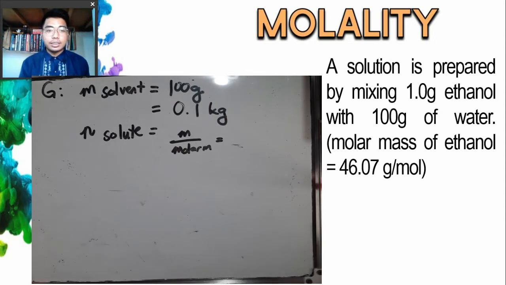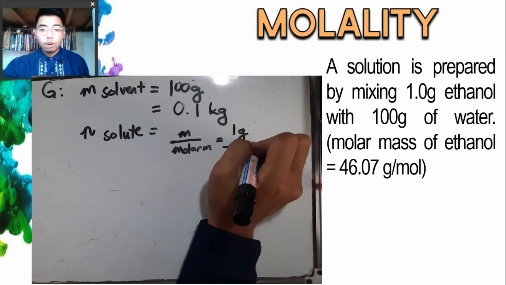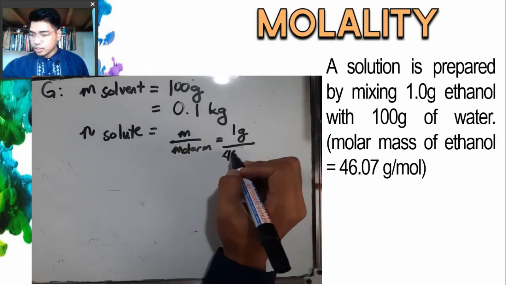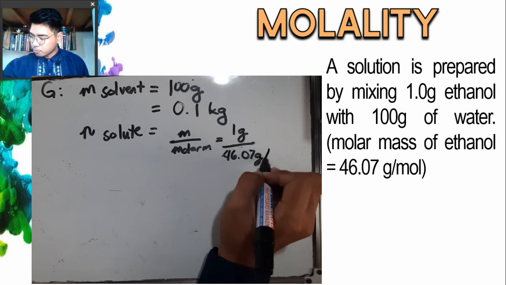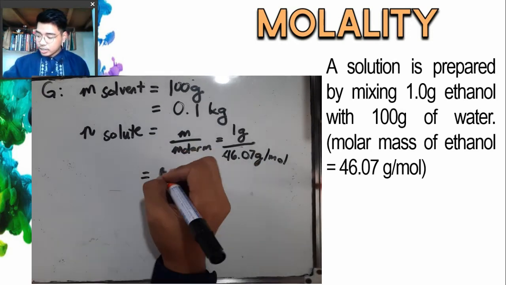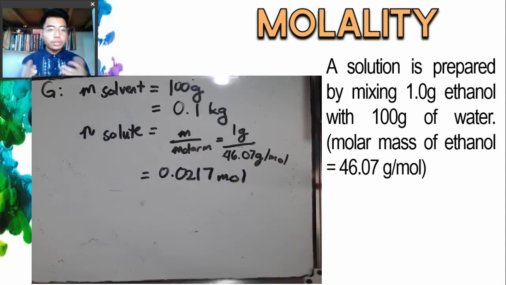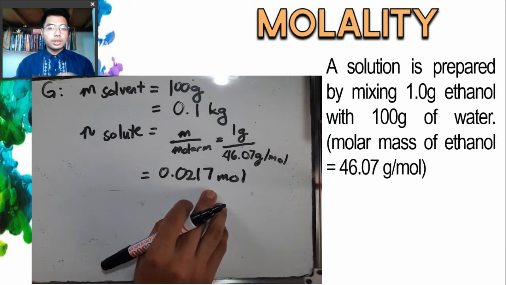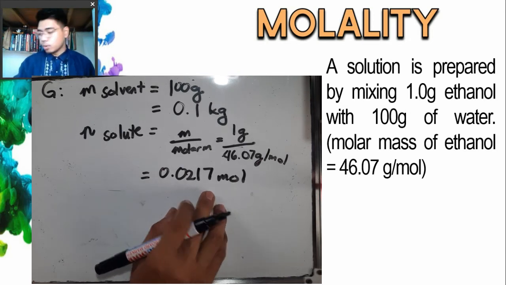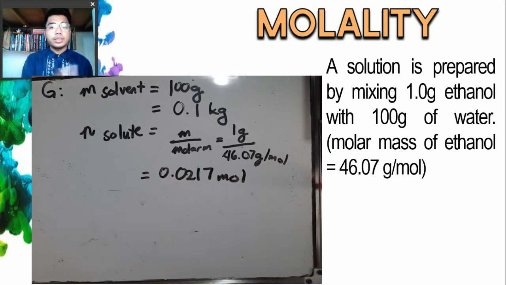The mass of ethanol is 1 gram in the solution, over its molar mass, which is 46.07 grams per mole, and we arrive at the answer 0.0217 moles. As you can observe, we utilize 2 to 3 significant figures for our number of moles. Always remember that rule: you are not going to write everything that is present on your calculator, only 2 to 3 significant figures.